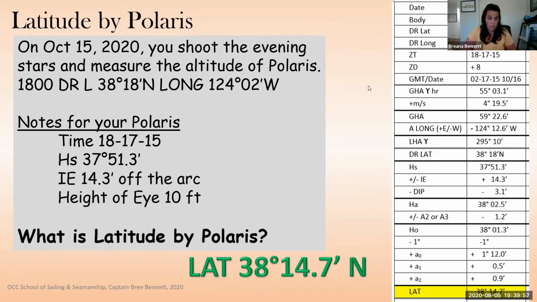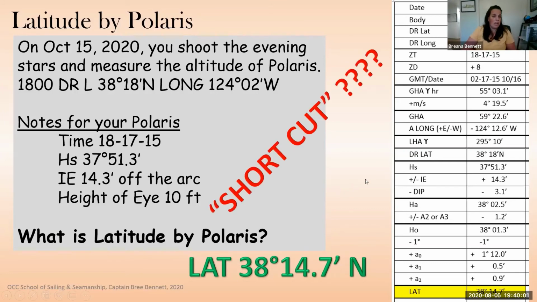It's ballpark close to our DR latitude. So are we going to call this one a shortcut? What do you think? Yeah. We still didn't have to use Pub 229. We did have a new table, but generally speaking it's a shortcut.